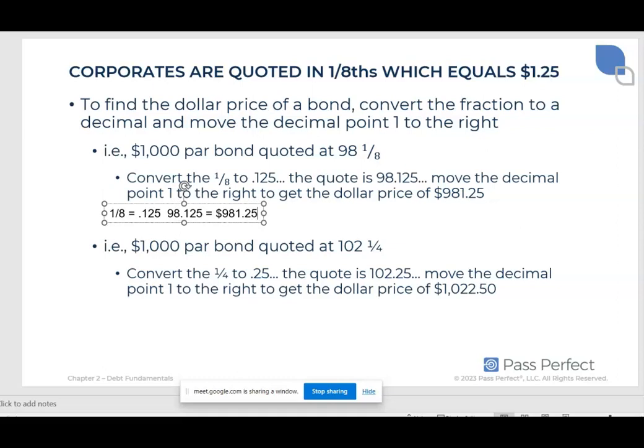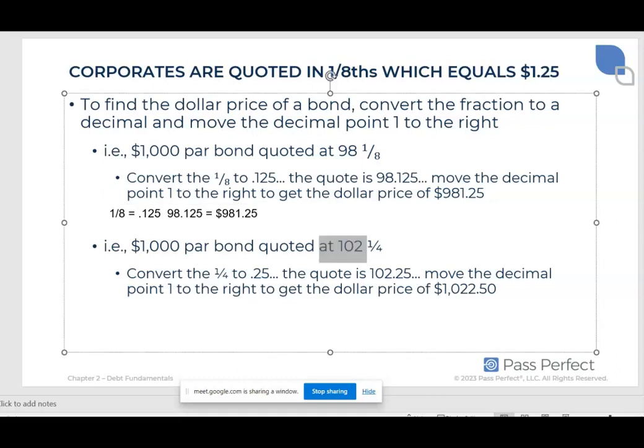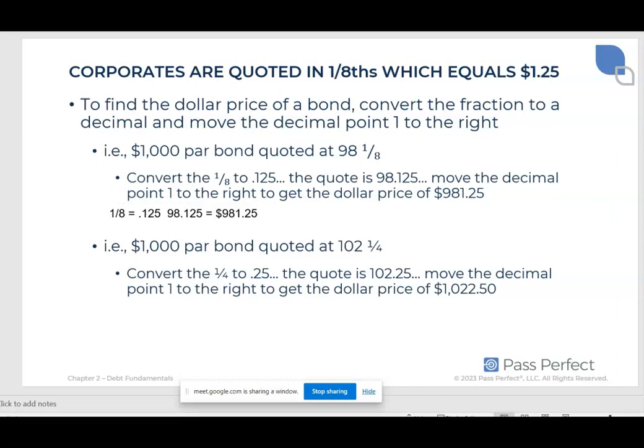It's just quoted in fractions of an eighth and always moves just in eighths of a point, not any finer distinction than that. Now this one says it's quoted at 102 and a quarter. This might be a little easier to do. 1 divided by 4 is equal to 0.25. So the price quote is 102.25 percent of par value.